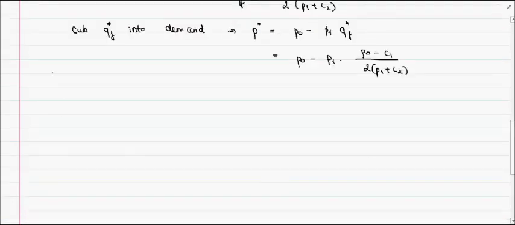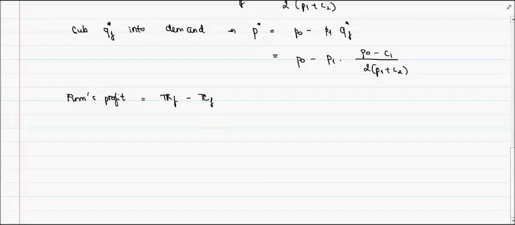Okay, now to find the firm's profit, we just have to take the total revenue minus the total cost. So the firm's profit is total revenue minus total cost.